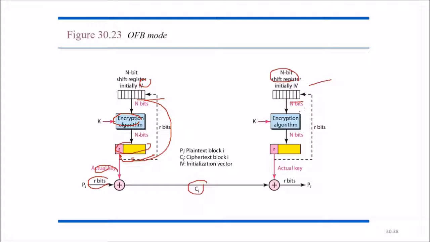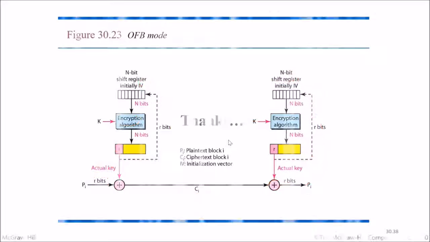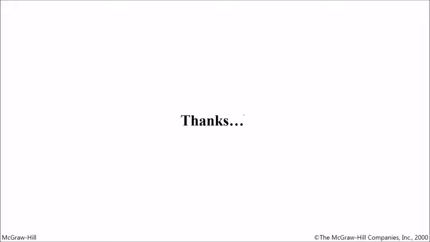When n bits are received, you apply the key in the encryption algorithm on the n bits. Then whatever R bits have come are applied again with the actual key, and these two are combined, or XORed, you can say. You get the Pi. So this is the symmetric aspect we have seen.